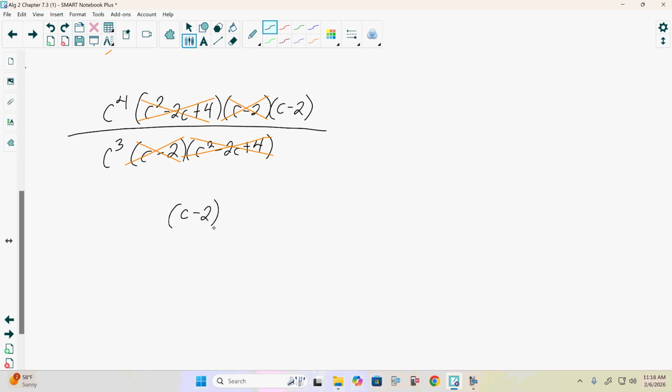Now our c to the 4th and c to the 3rd would reduce. One of the ways we can look at it is when we divide by bases, we subtract the exponents. So 4 minus 3 is 1. Since it's bigger on top, it will stay on top. And realistically, everything in the denominator has been simplified.